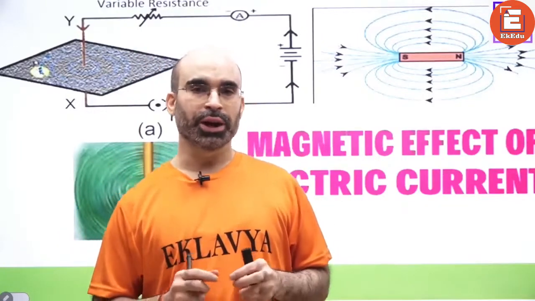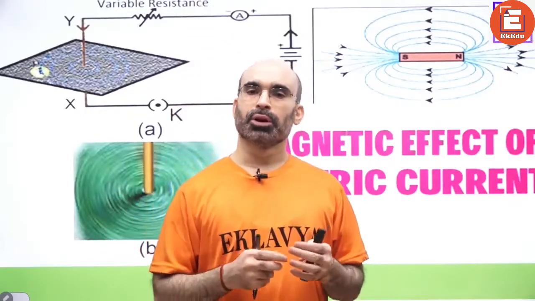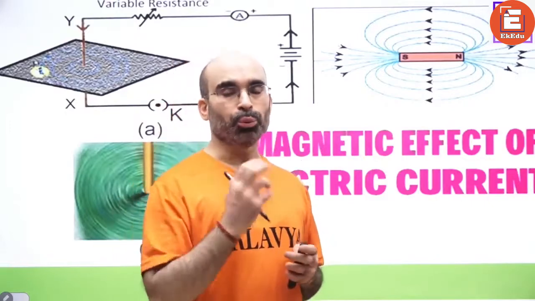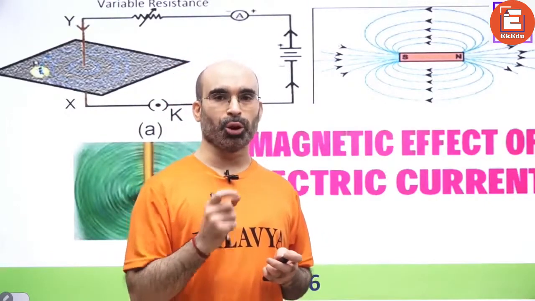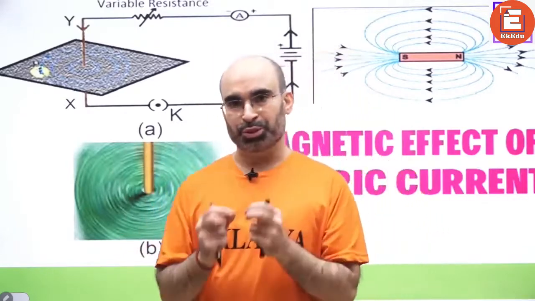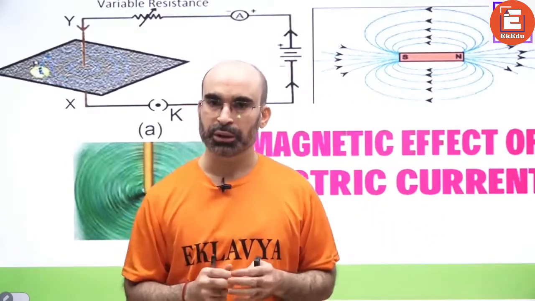In the last session we had done Biot-Savart law, right? All applications of BS law. Now we will do Ampere Circuital law. This is another method to find out magnetic field.